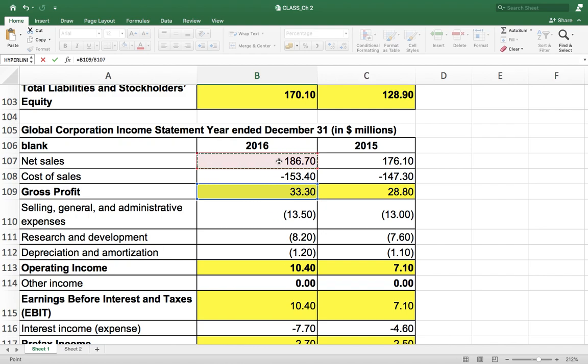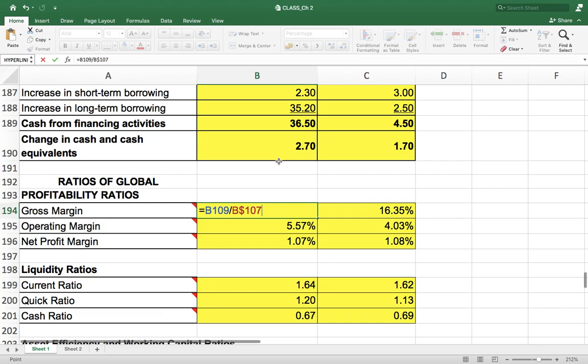In the same column, you need not freeze the column; if same row, need not freeze the row. Here it is the same column, so I need not freeze the row. Click F4 twice, then only the 107th row will be frozen, and enter. Once you do that, simply come down, select the range, Control D.